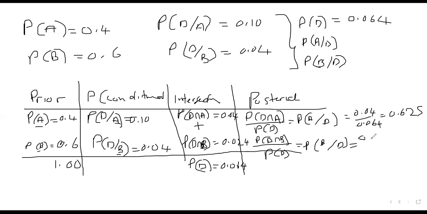Then here is 0.024 over 0.064. What do we get? 0.375. So this total must always come up to 1 as well. That is how this is supposed to be done.